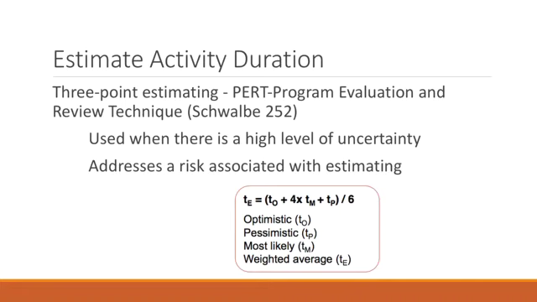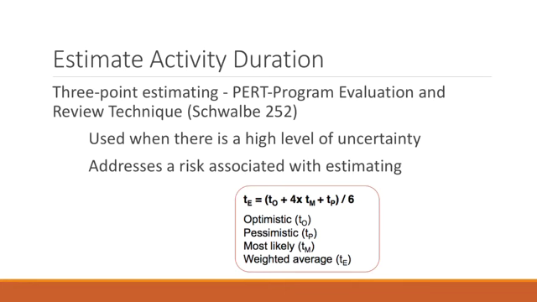Then after that, we go into estimating the activity resources, and you just need to understand what kind of resources you have access to and when those resources are going to be available. But then after you have understood all these points, you go into estimating the activity duration, and those are the different methodologies that you have in order to estimate how much each particular activity that you have defined is going to take.